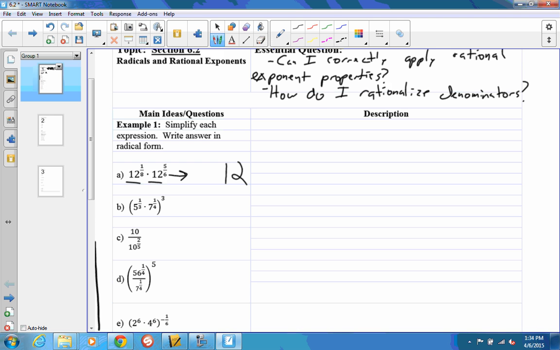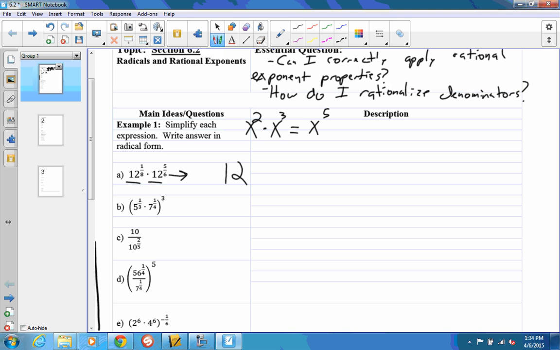And recall when we did, and I think a problem from your test, or at least close to it, x squared times x to the third was what? X to the fifth. They add. When I'm multiplying and I get the same base, I add the exponents. When the exponent is being raised to an exponent, that's when I multiply.